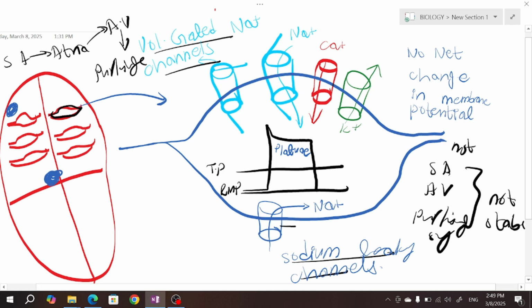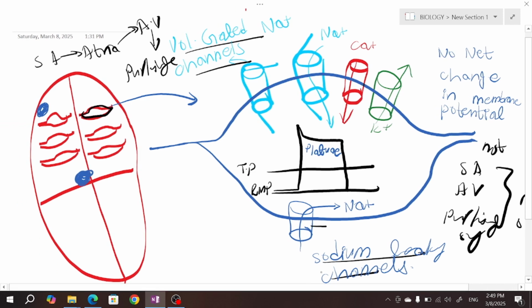But the cells of the atria and ventricles, their resting membrane potential is stable. We can see it is not fluctuating. It is not moving like this. Suppose this is the resting membrane potential, this is the threshold potential. It is not fluctuating like this. Okay, it is continuously on the baseline. It is not fluctuating like in the SA node, AV node and the Purkinje system.